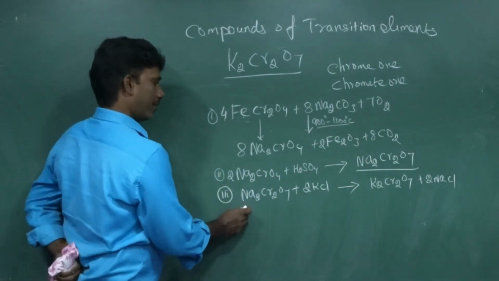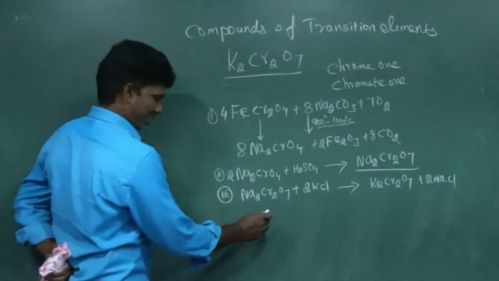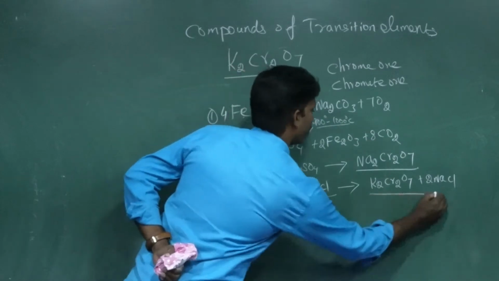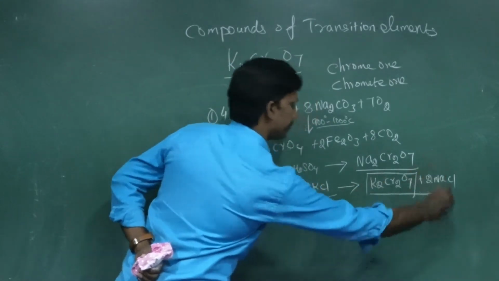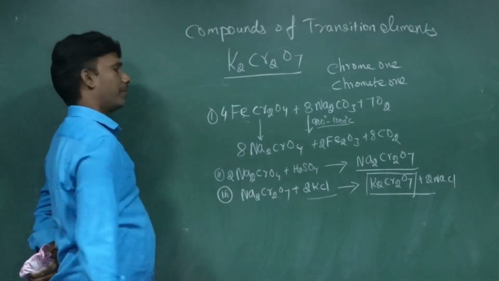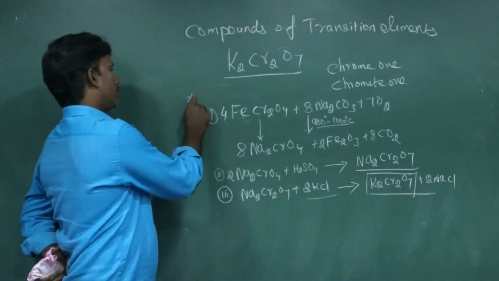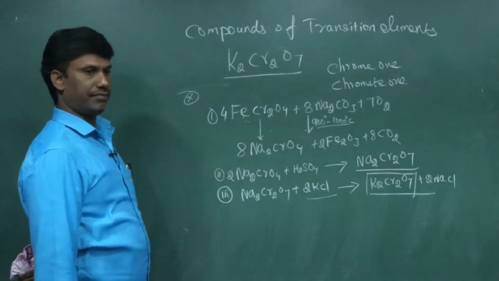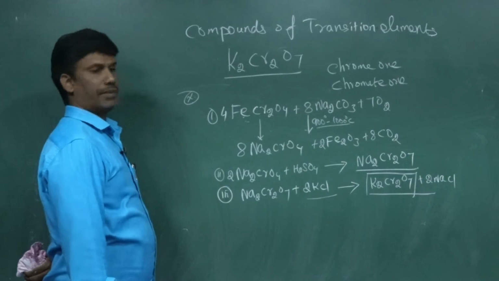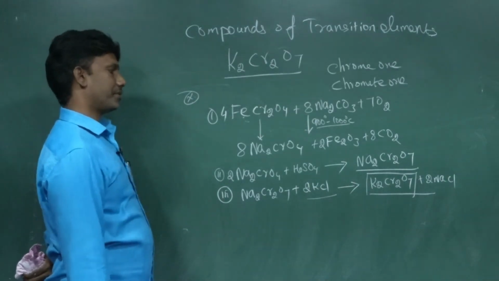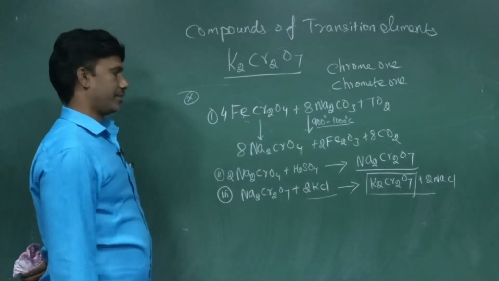After that, sodium dichromate is treated with KCl, potassium chloride, and we get potassium dichromate. This is our major product. This is a very important question at state board level: write the preparation of potassium dichromate for 5 marks. It is asked repeatedly, many times. So go with the equations.